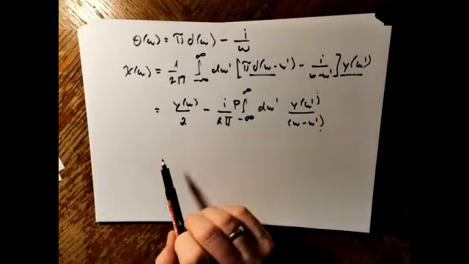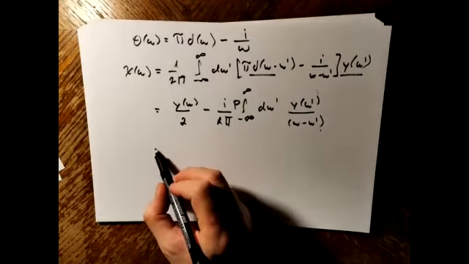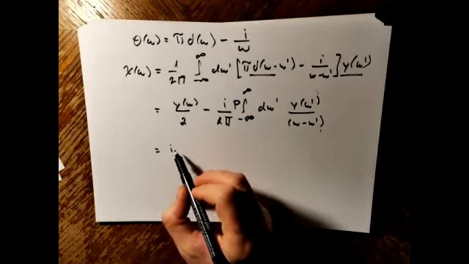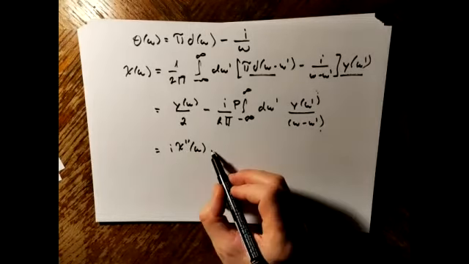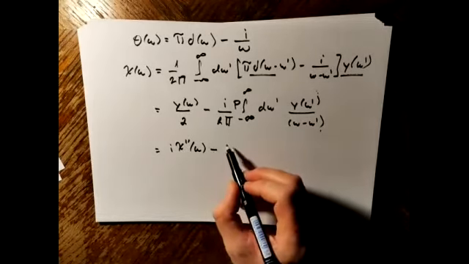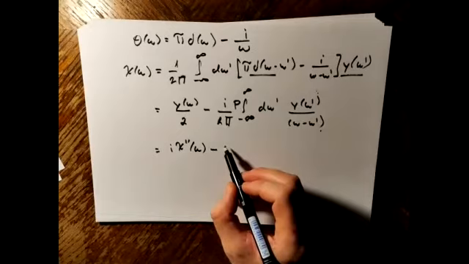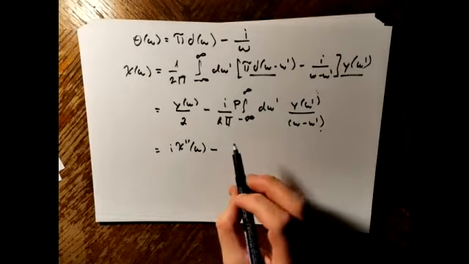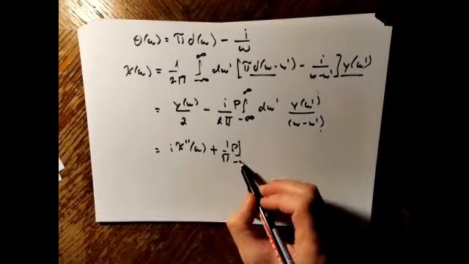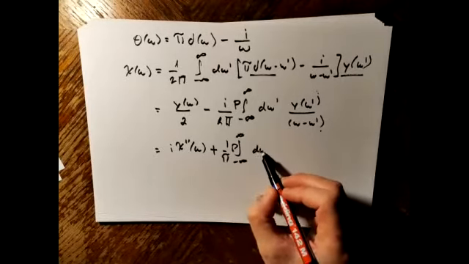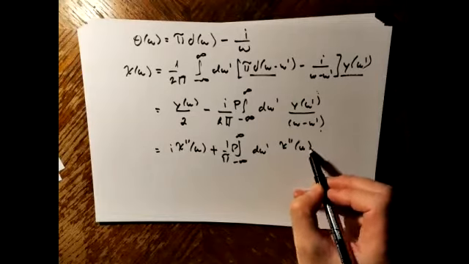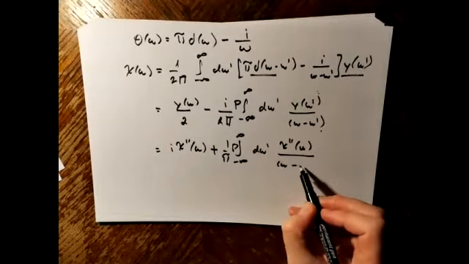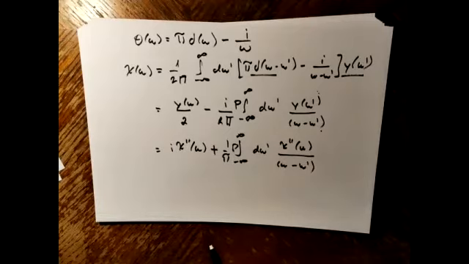If I make that substitution here, this is iχ″(ω), minus, so actually plus, 1 over π times the principal value integral from minus infinity to plus infinity dω′ χ″(ω′) divided by (ω−ω′).